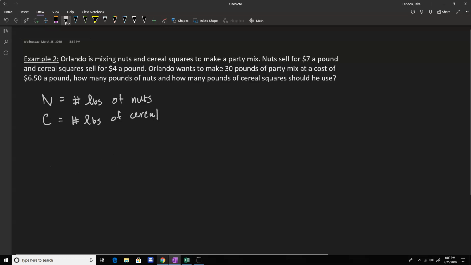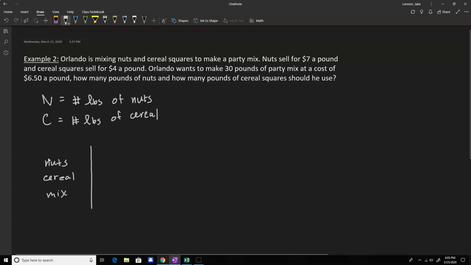So how can we make our chart? Well, we've got our nuts, our cereal, and then we have the mix that we want to finish with. So basically we're going to have 3 rows here: nuts, cereal, and the mix.